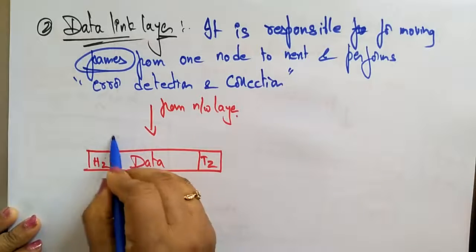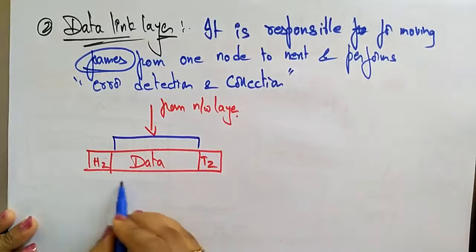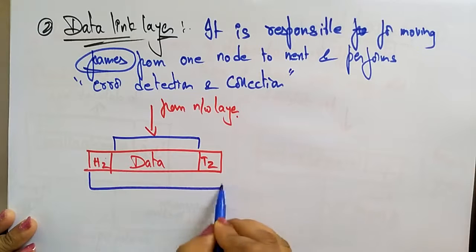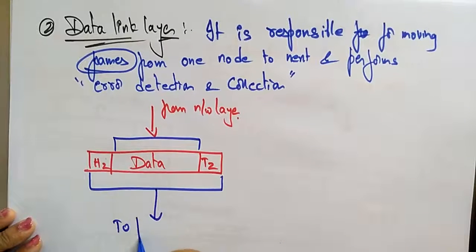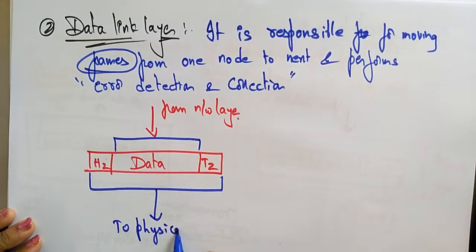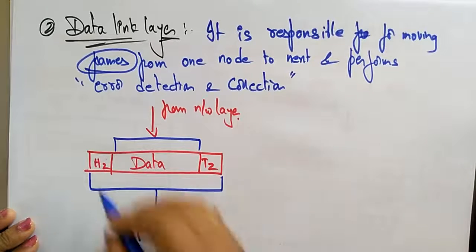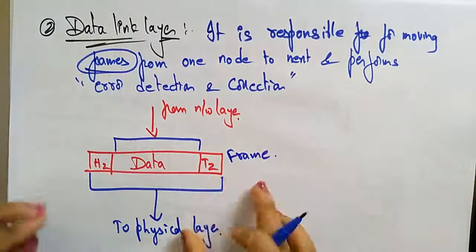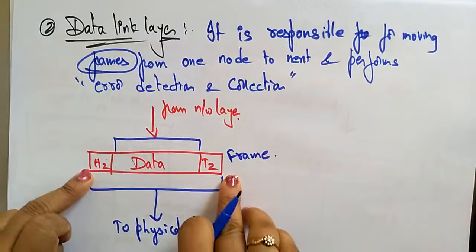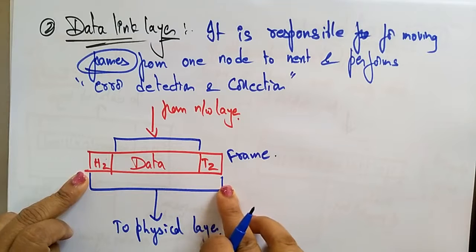So this data is coming from the network layer, and the complete message from header to trailer will be transferred to the physical layer. We call this complete structure a frame.